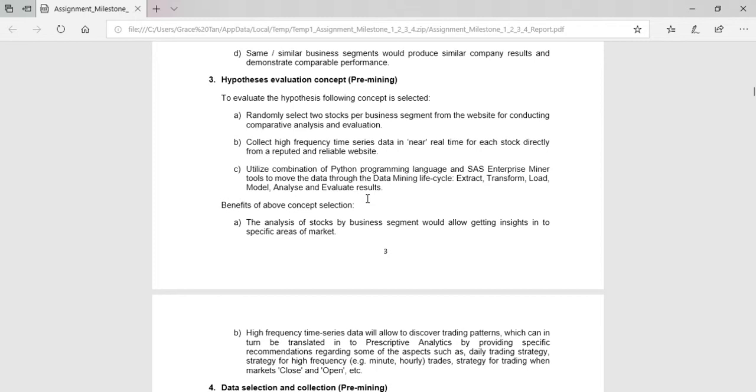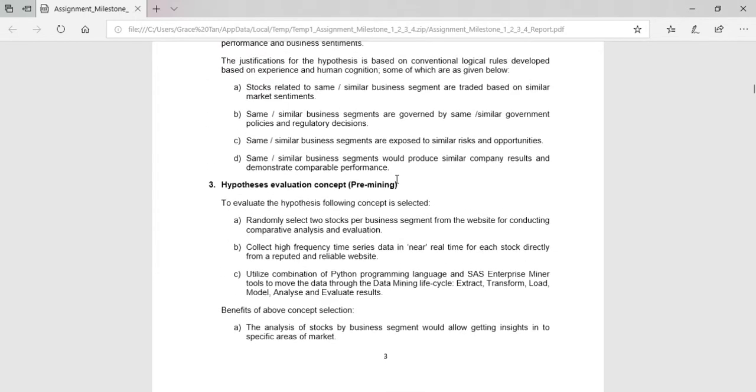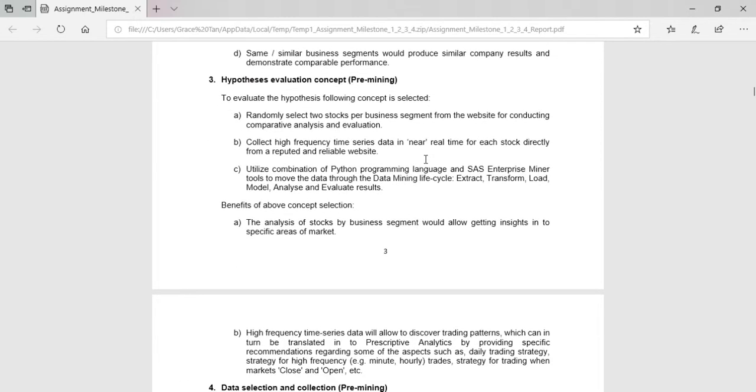and we would be trying to evaluate whether this hypothesis is true, what the differences are, what the gaps are, and what other patterns we can learn beyond this hypothesis based on human cognition. So the hypothesis evaluation would be done in this way, as shown in section number 3 over here. The concept being used is that we would be randomly selecting 2 stocks per business segment.